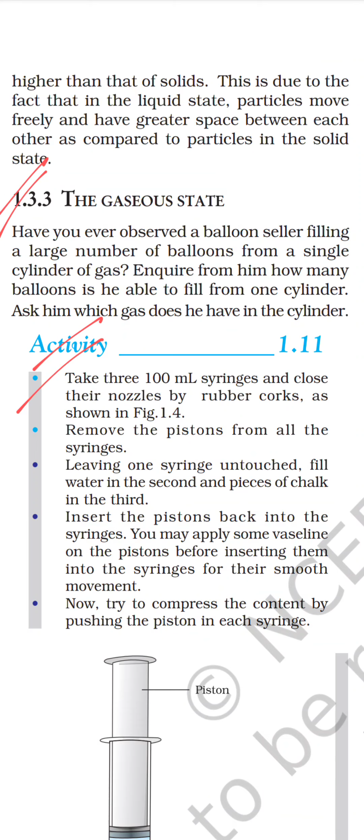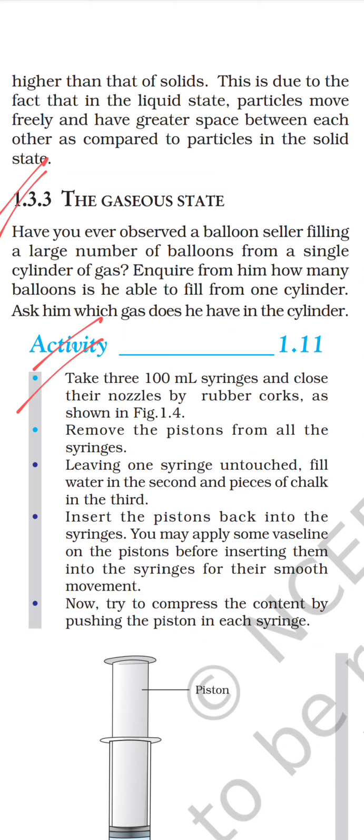Fill water in the second and pieces of chalk in the third. Insert the piston back into the syringe. You may apply some Vaseline on the piston before inserting it into the syringe for smooth movement.